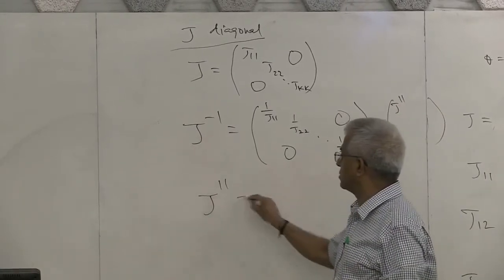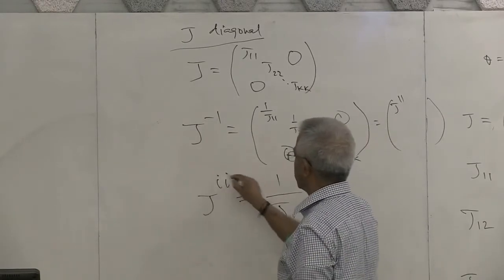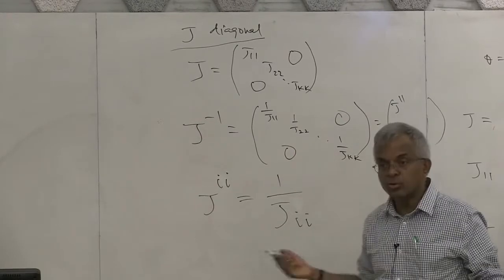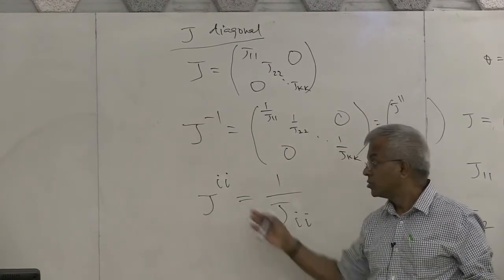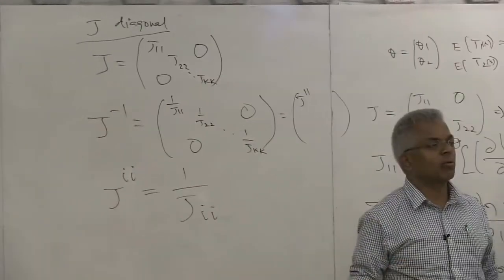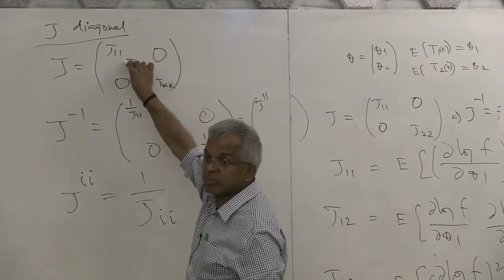So the inverse of J11 is 1 over J11, and the inverse of Jii is 1 over Jii, right? So no degradation. The only case where a second parameter won't affect the first parameter is this: everything depends on the Fisher information matrix.